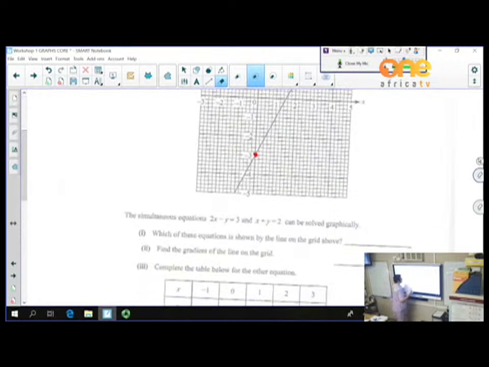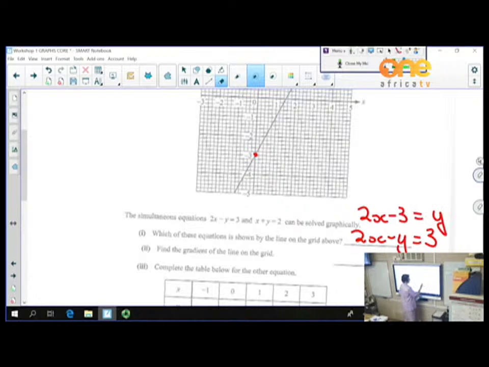You can write it in standard form or in the original one, 2x minus y is equal to 3. But you can see from the standard form, that's how I change it. So we can also write 2x minus 3 is equal to y, and then we can easily see why we choose that one.